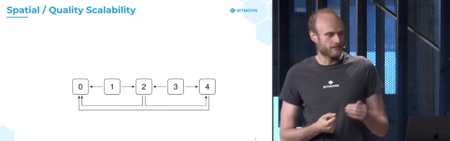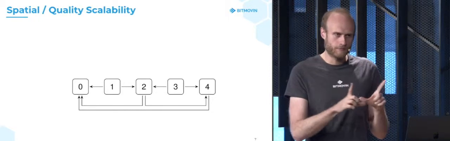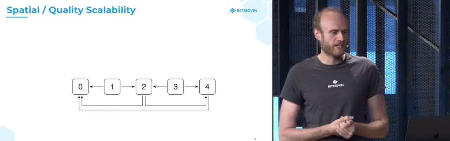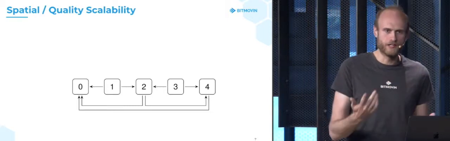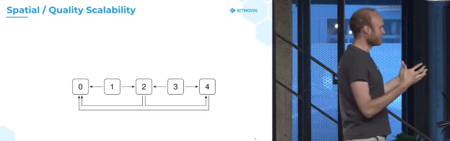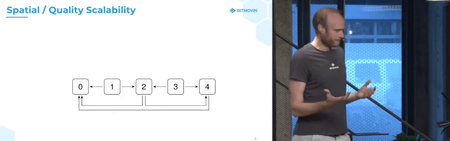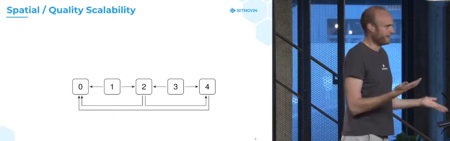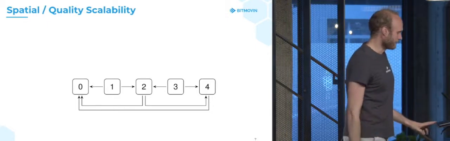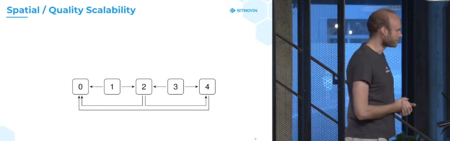In spatial scalability, the spatial resolution of the image increases. In quality scalability, the resolution is the same and just the quality increases. And basically, it's the same concept, right? In one of them, you need an upsampling filter. In the other, you don't, or you have an upsampling filter of 1. Concept-wise, they are basically the same.